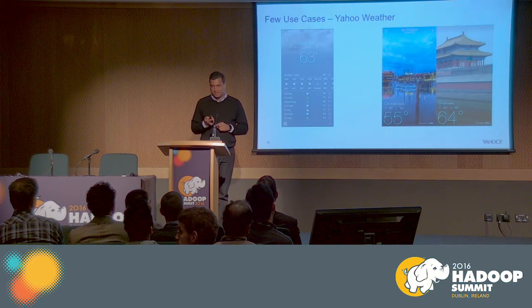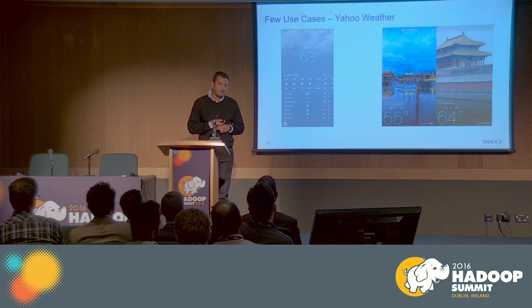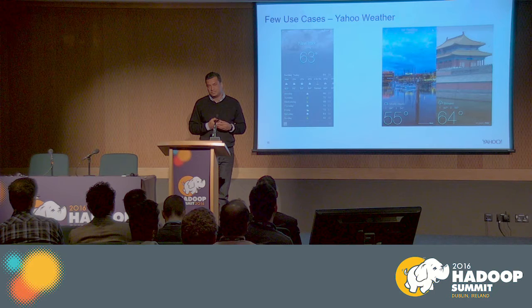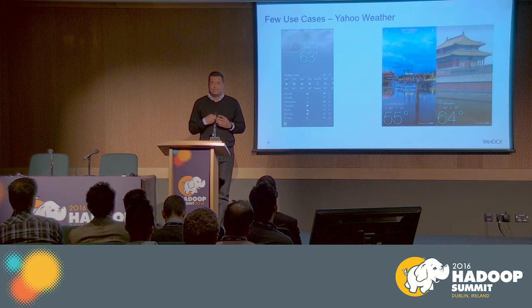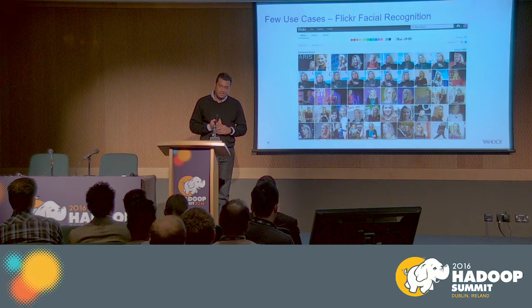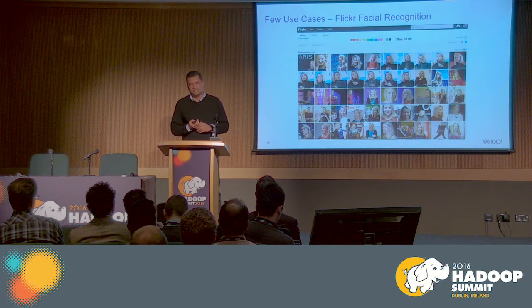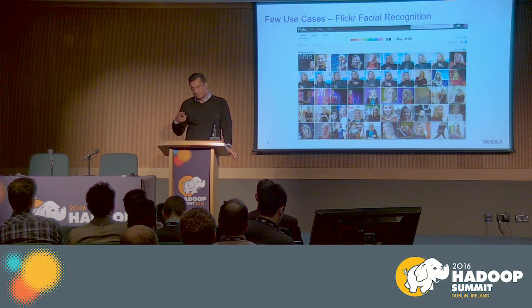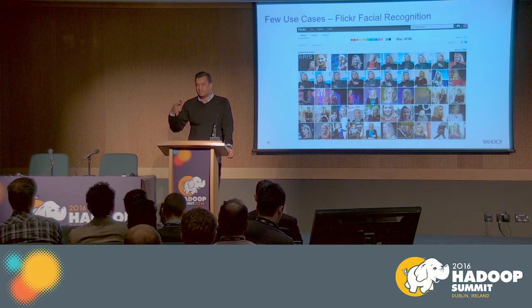But before we do that, these are the applications we talked about: weather, pulling in relevant pictures based on the temperature conditions or local conditions, requires that intelligence. Flickr, as I said, facial recognition is one use case for deep learning, where most of the people who upload these pictures will never say that he's this person, and you need to detect that.